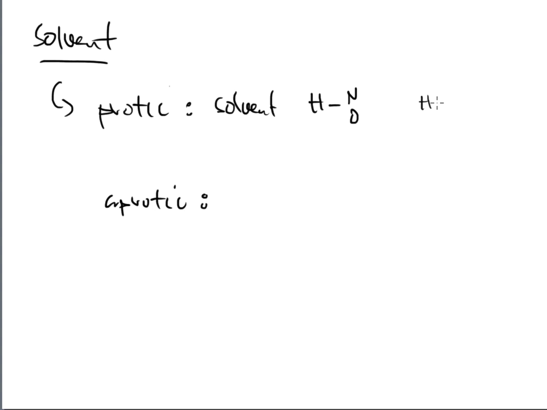So, for instance, H2O. So here's the water molecule. Hydrogen is bonded to an oxygen. So this would be a protic solvent. An aprotic solvent is, of course, the exact opposite. It is a solvent that does not have a hydrogen bonded to an N or an O.